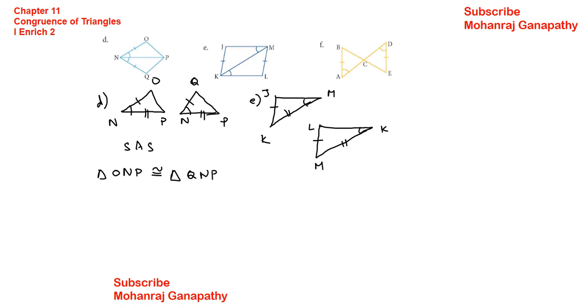Side, angle, side. Triangle KLM is congruent to triangle MJK.